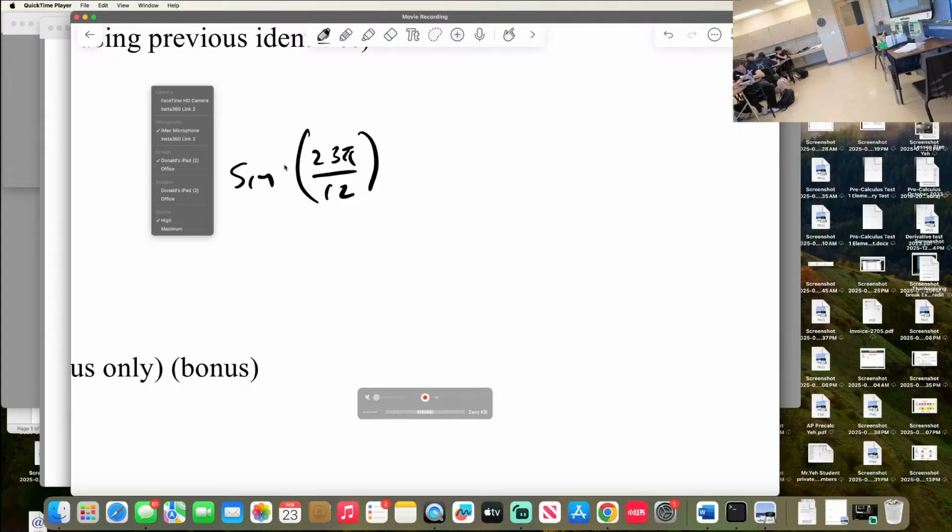You're not guessing. You're going through which one is inside the unit circle. If you go through the first couple tries, you should see the answer right away.